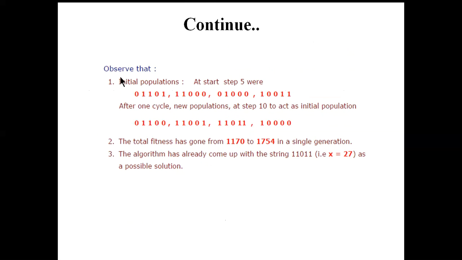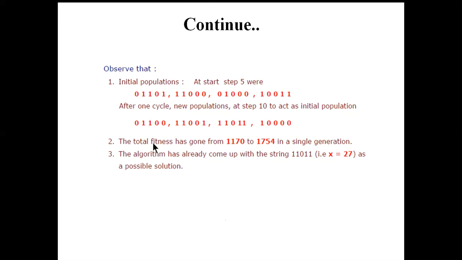What we have observed is the initial population at the start, like 011011 100100, and after one cycle, a new population at step 10 will be generated.